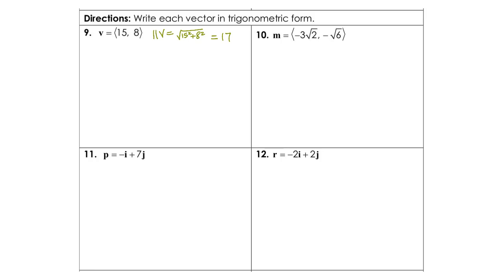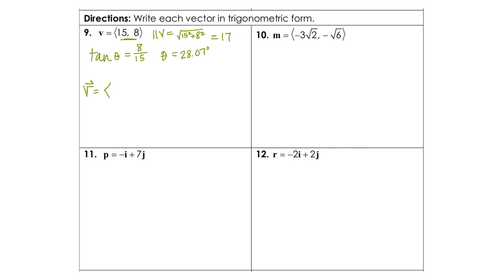And so now we've got to also find our direction angle, which looks like we're in the first quadrant. And so we're going to have tangent theta equals opposite over adjacent. And so theta here is going to give us 28.07 degrees. And so now we're ready to write out our vector. We're ready to see vector V in our trigonometric form.